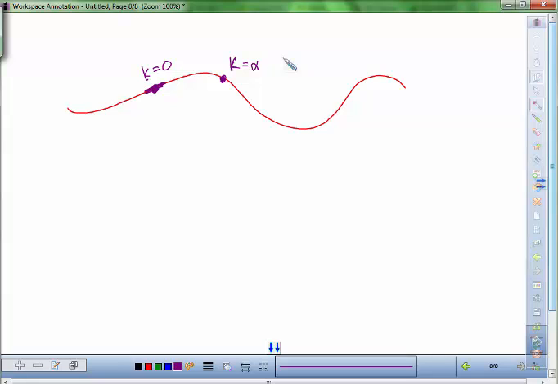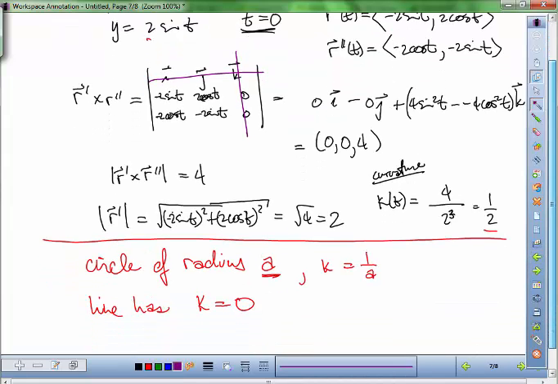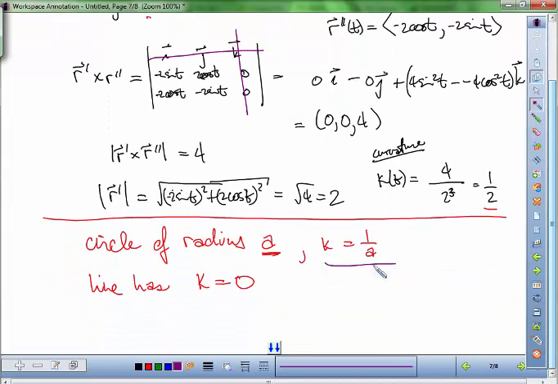A curvature of 1 over A means that a circle of radius A will fit it, right? So if I had a curvature of alpha, then there should be a circle of radius 1 over alpha that would fit it.